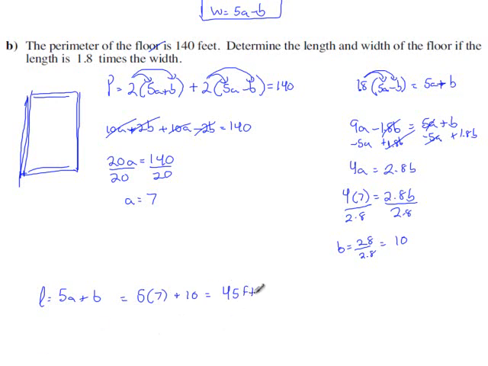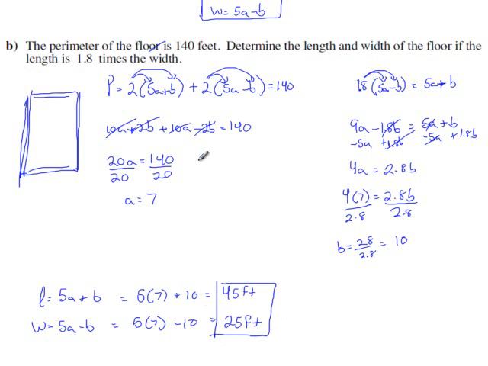Don't forget your units. Width is 5a minus b, so 5 times 7 minus 10. 35 minus 10 is 25, so 25 feet. So your length is 45 feet, your width is 25 feet.